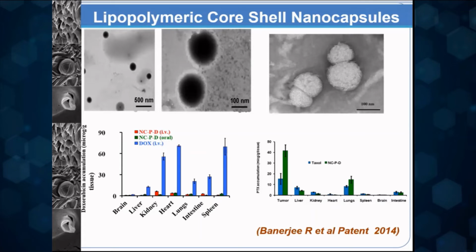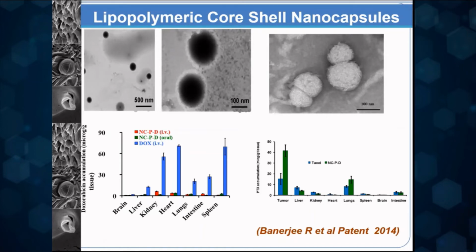And also, what is the desired kinetics for those drugs? Just to give you a simple example, on the left is a core shell carrier, whereas on the right, it's a conjoint two compartment carrier. So in one case, you can do a sequential delivery, and in the other case, you can have a simultaneous delivery, depending on what is required.